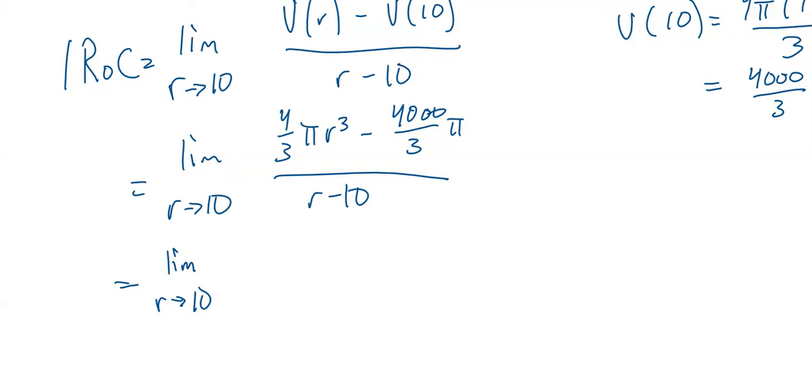What do you think we do here? Very good. So I can take 4 over 3 in the pi out of this one, and then I take it out of that one as well, and I'm just left with the 1,000 that we just multiplied into it. So 4 over 3 pi times r cubed minus 1,000, and hopefully you recognize that as a difference of cubes.